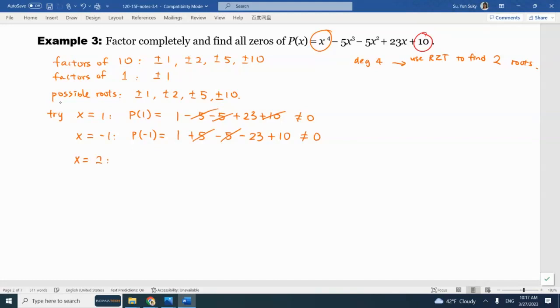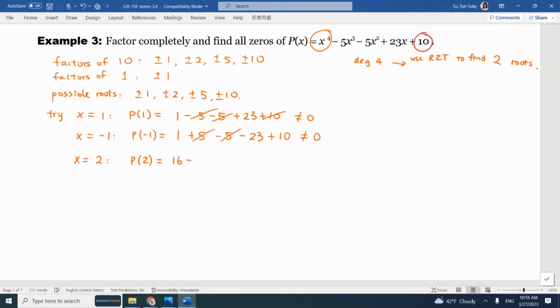Okay. X equals to 2. So P of 2. Diana! What's 2 to the 4th? Yes. Yeah, 16.